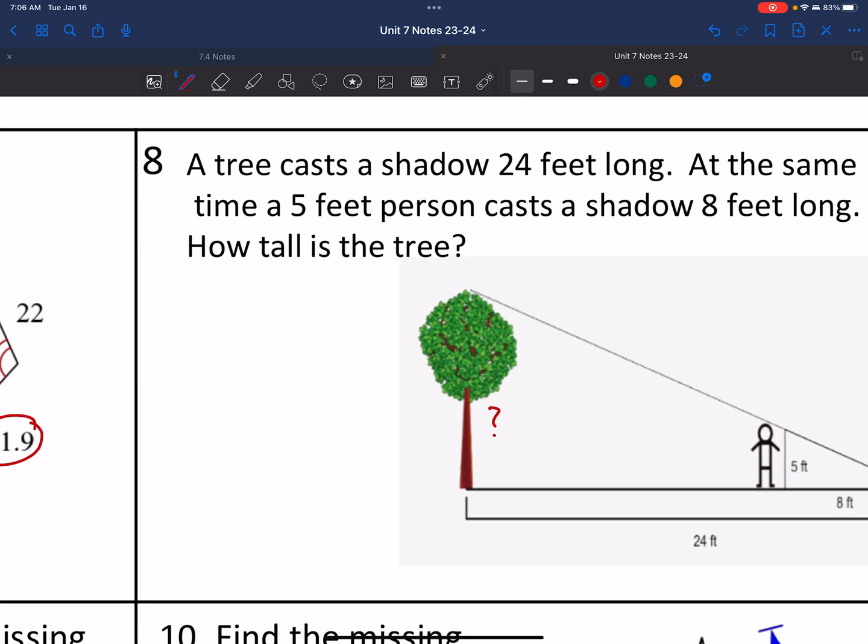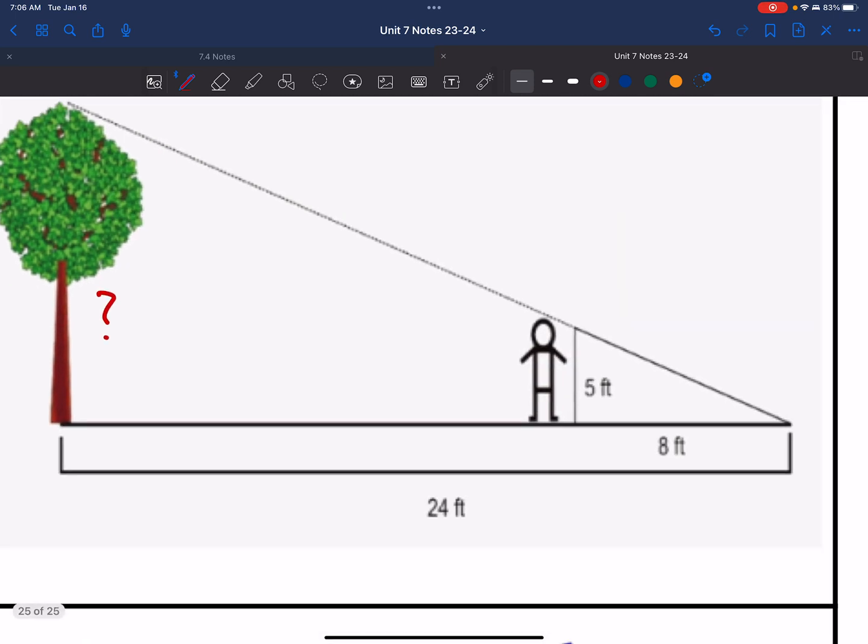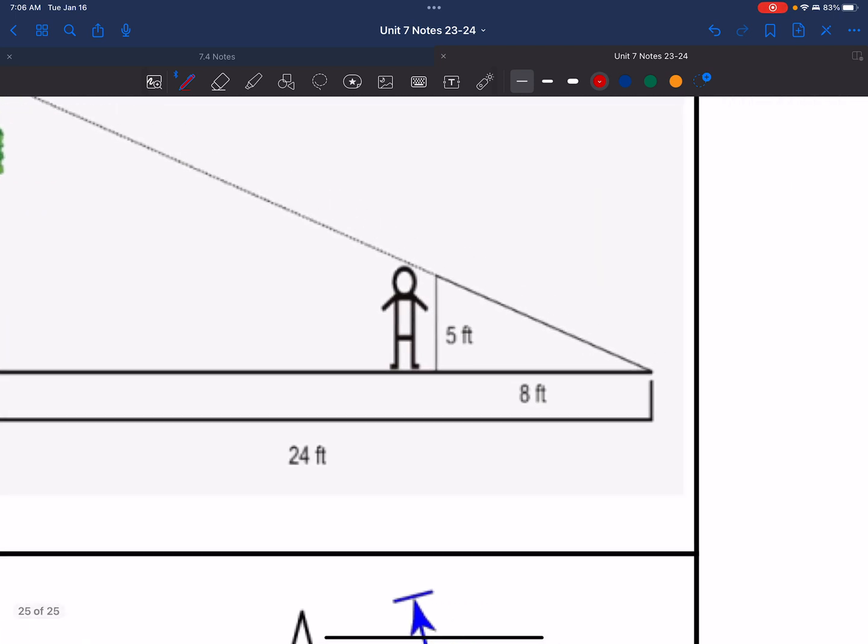So I'm going to break this down into two triangles. We've got the big triangle for the tree, and we've got a small triangle for the person. Okay, so the one for the person, it says that they are 5 feet tall and their shadow is 8 feet long.